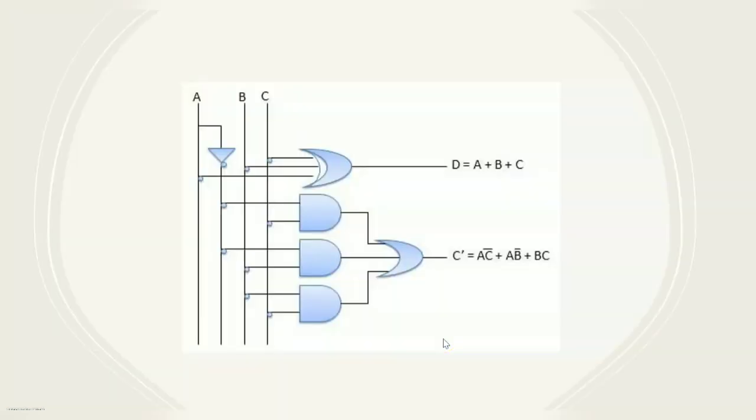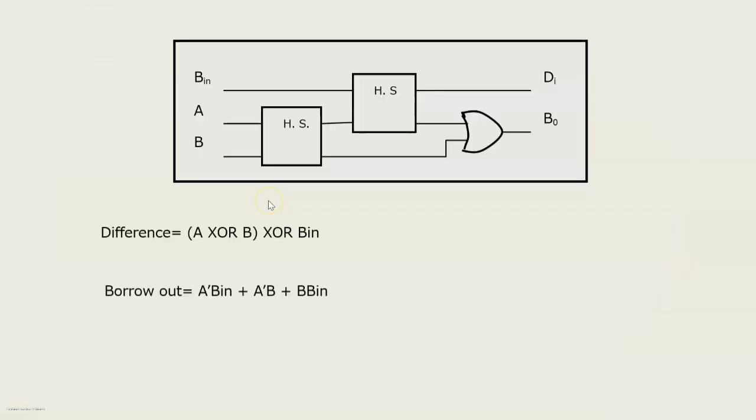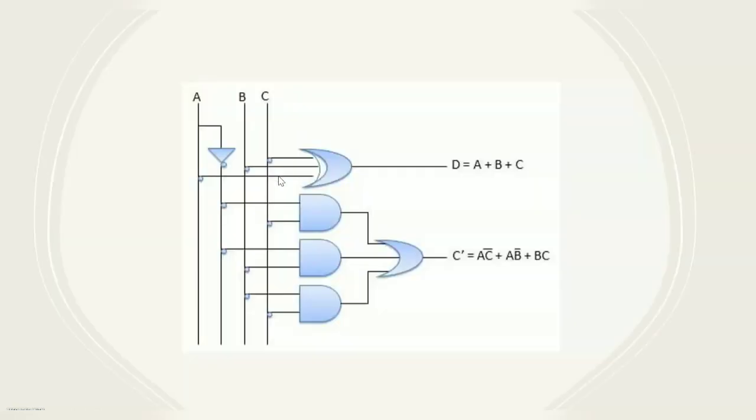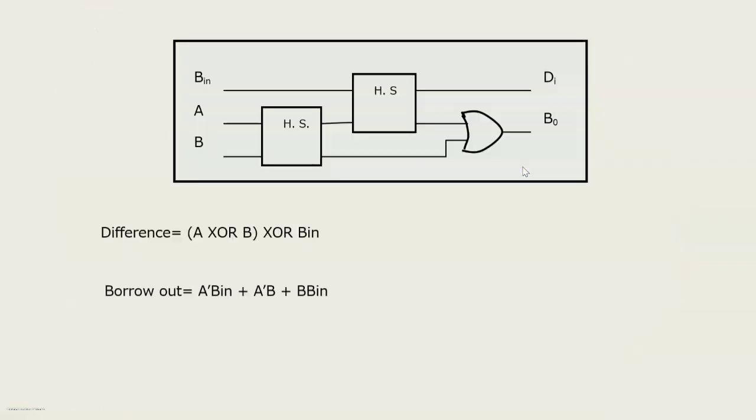Okay. Next, again you can have another realization for full subtractor. Actually in this diagram we have used two half subtractors, right? But if you are using all basic gates, you can go for this diagram. You are going to take A, B, C. So this is given to an XOR gate. This is an XOR gate. So the difference will be A XOR B XOR C. Okay.